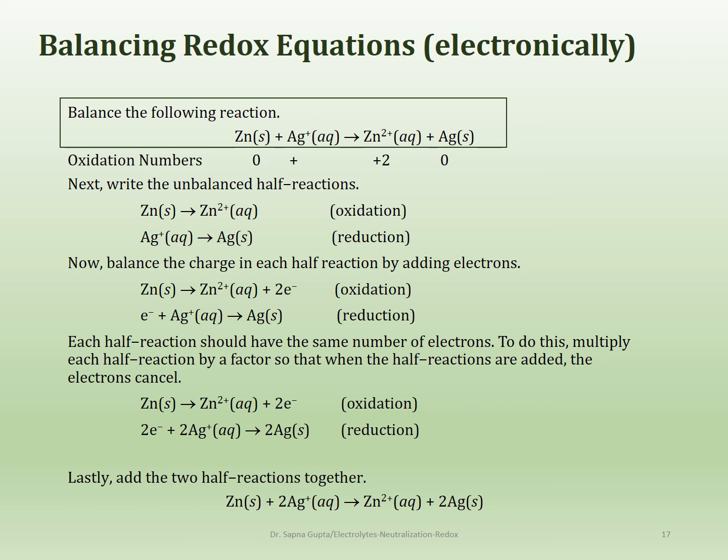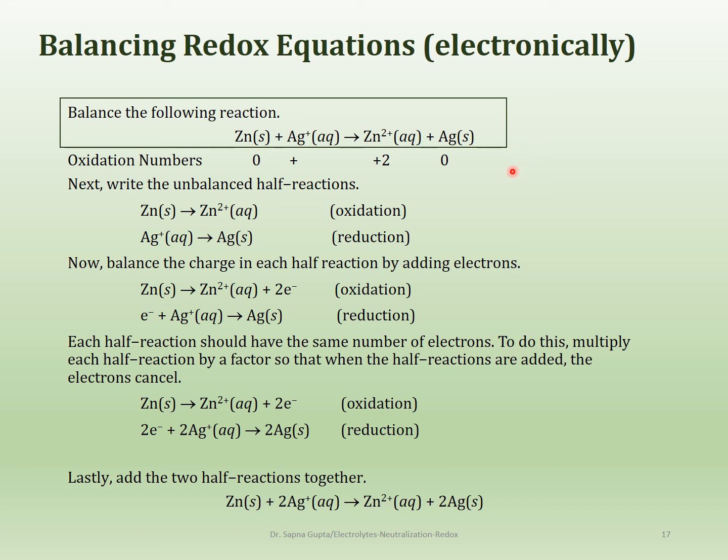Balancing redox equations. Now this is a little bit different kind of a thing, and electronically means using electrons. This is a different kind of balancing than what you do for normal equations. In normal equations, you add coefficients in front, and that's how you balance. But if you look at this equation right now, it seems balanced in terms of coefficients, but electronically it is not balanced.